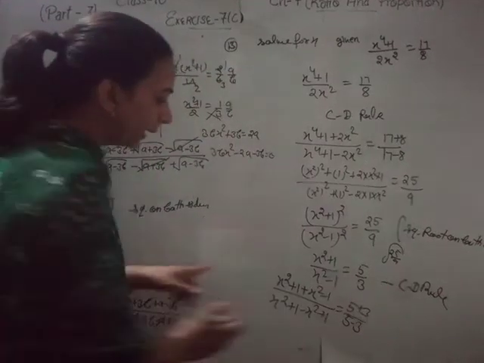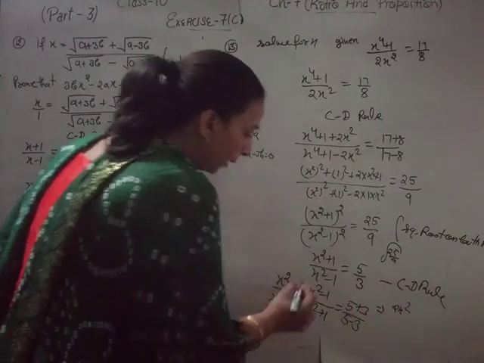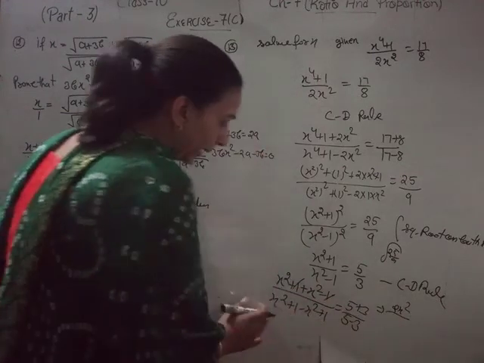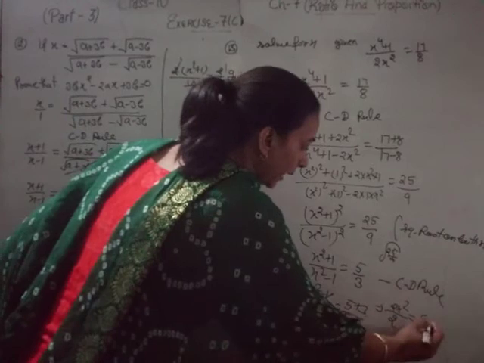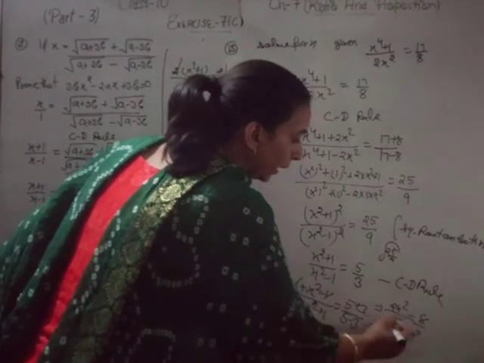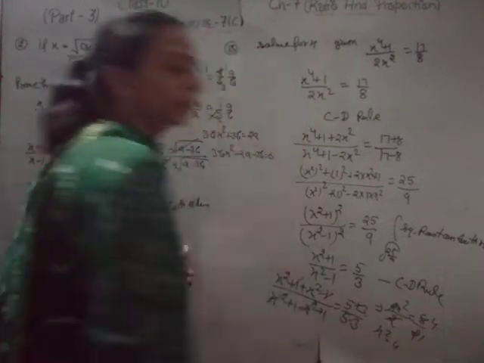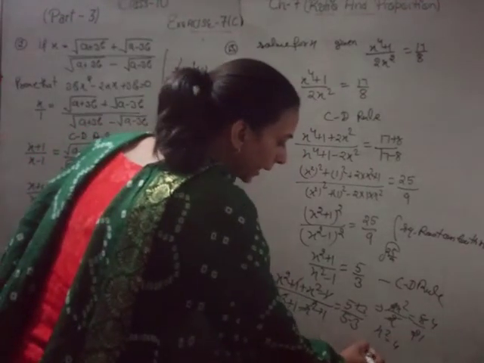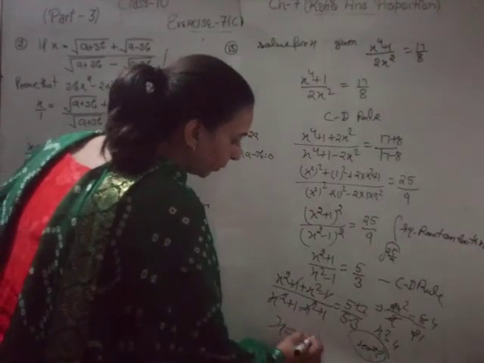Okay, then x²+x² is 2x², 1 cancel, divided by, x² cancel, 1 plus 1 is 2, and 5 plus 3 is 8, 5 minus 3 is 2, 2 cancel, 2 into 4, x² equals 4. Then x equals plus or minus 2. Then the value of x equals plus or minus 2.